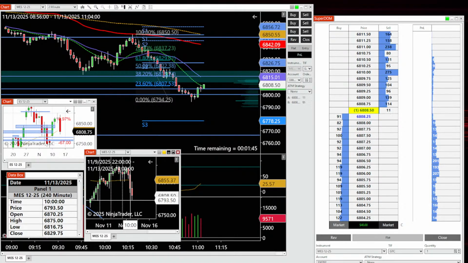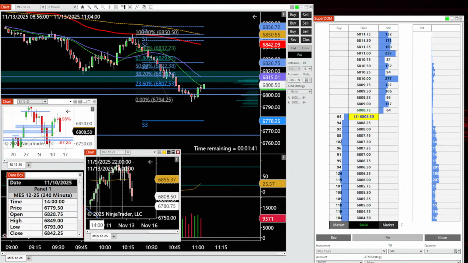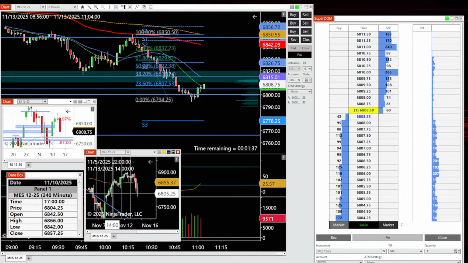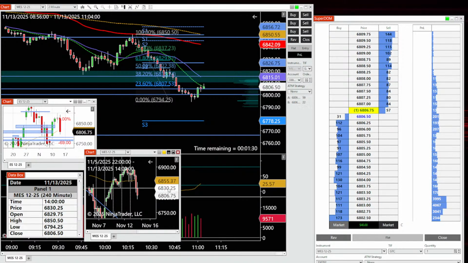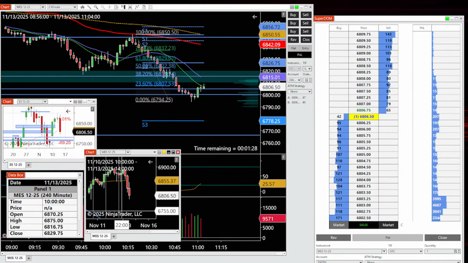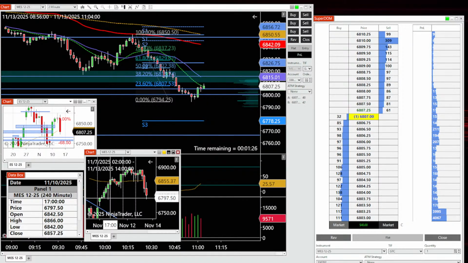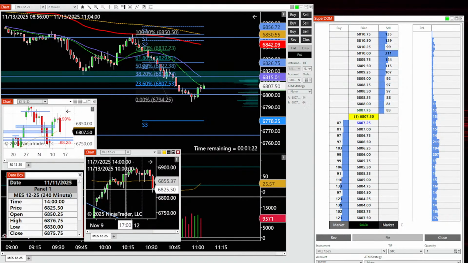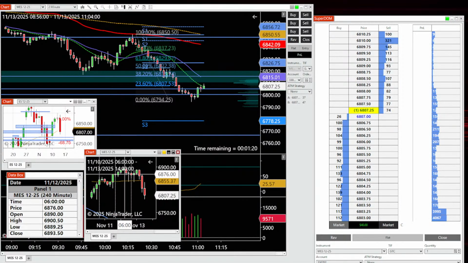So here's 93. We got down to what? 94 and a quarter. So we came to test this low and didn't break it. Off this low is where we bounced back up to 6,900. And you can see this low on the 4-hour bar is where we bounced and went back up to 6,900.